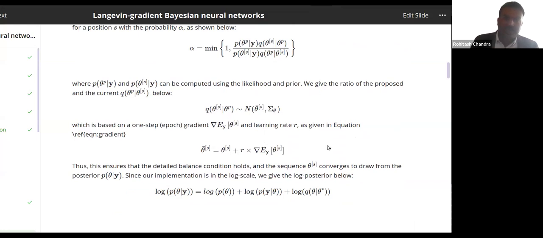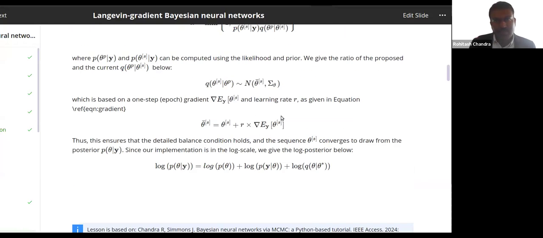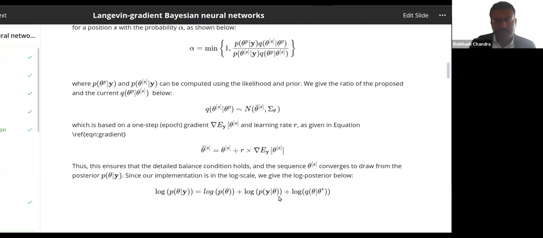And we got the one-step gradient, and in here we got the prior. In the log, we have the prior, and you have the likelihood. You can see the log likelihood of y and theta, and the prior. We give the prior and we do this.